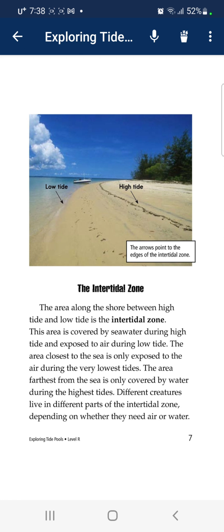The area closest to the sea is only covered by water during the highest tides. Different creatures live in different parts of the intertidal zone, depending on whether they need air or water.